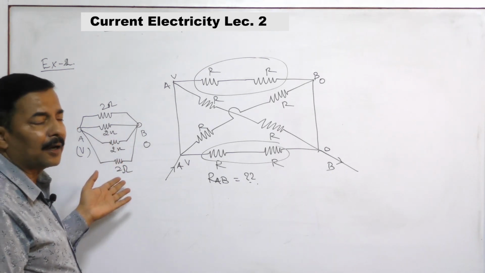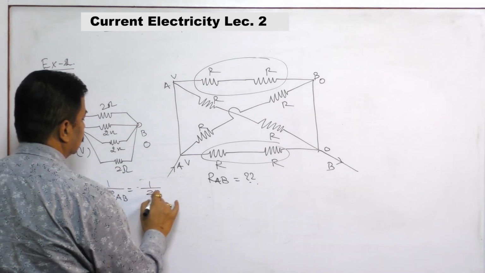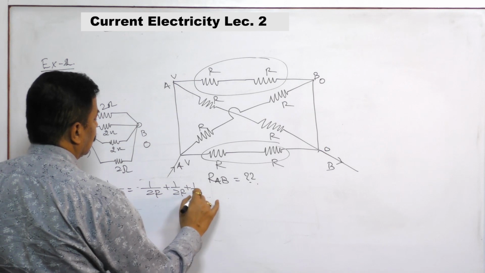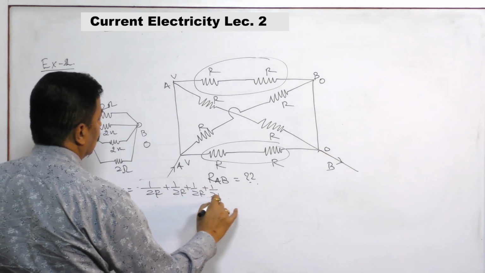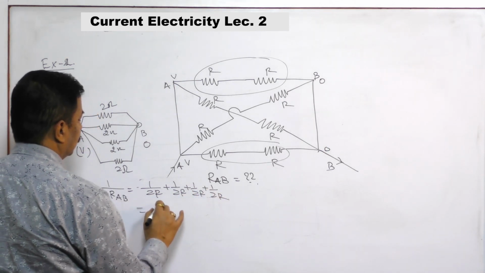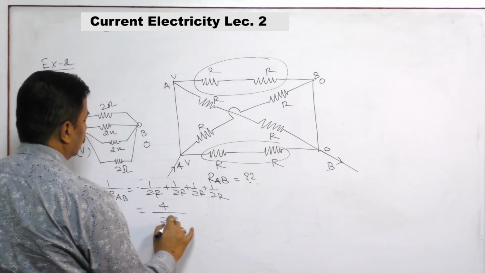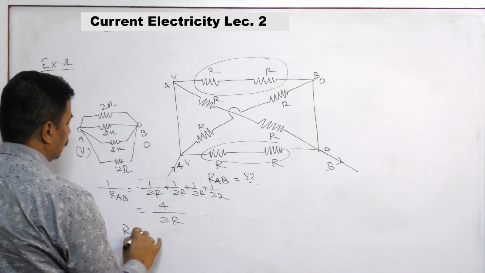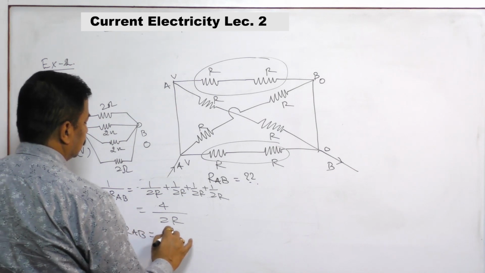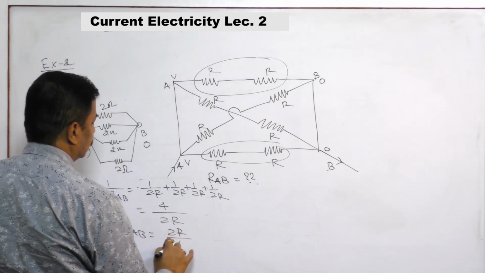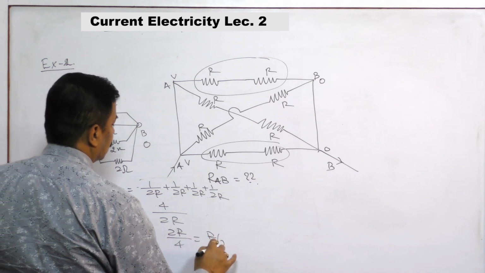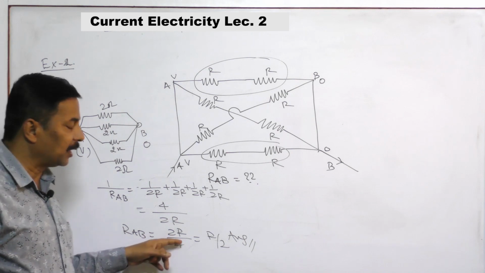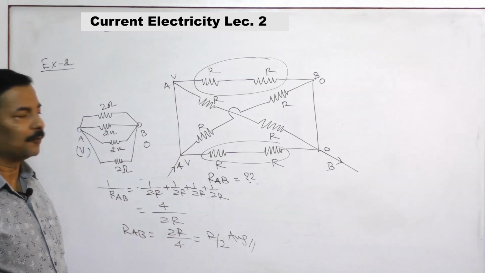Now all are in parallel. So R by 2 should be your answer for this network.